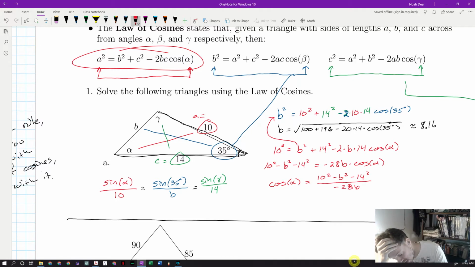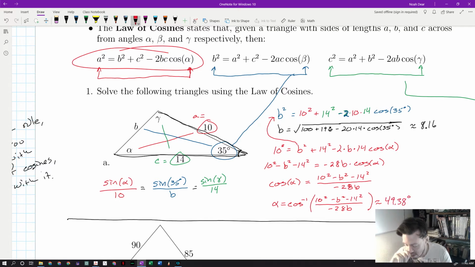Before I do that, I'm just going to note that I can move the cosine to the other side as the cosine inverse of all of this, 10 squared minus b squared minus 14 squared over negative 28b. And when I plug all of that into the calculator, we should come up with 49.38 degrees.